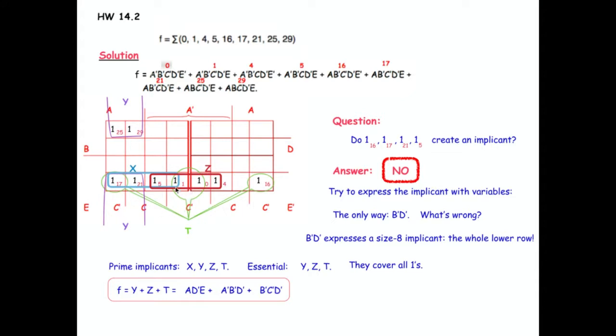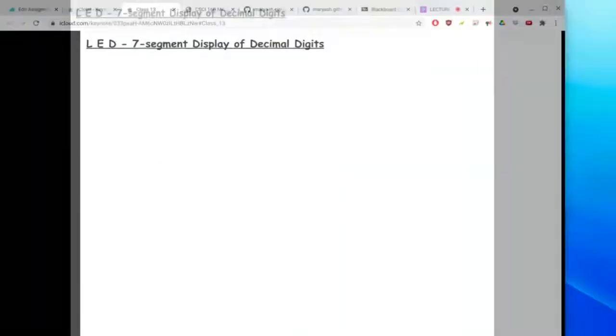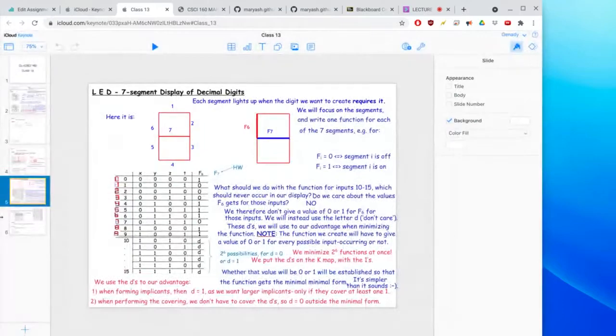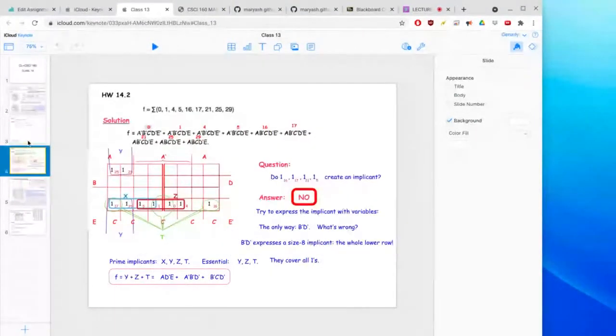That's the interesting part: both of these are C prime, and they're all still in the bottom row, which is D prime. Okay, any questions about this?